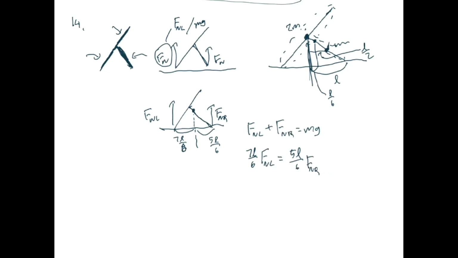This is because the torque from this one equals the torque from this one in the other direction. So if you solve these two equations, you'll just get that F_N,L is 5/12 mg and F_N,R is 7/12 mg. In any case, the answer is it carries 5/12 of the weight.